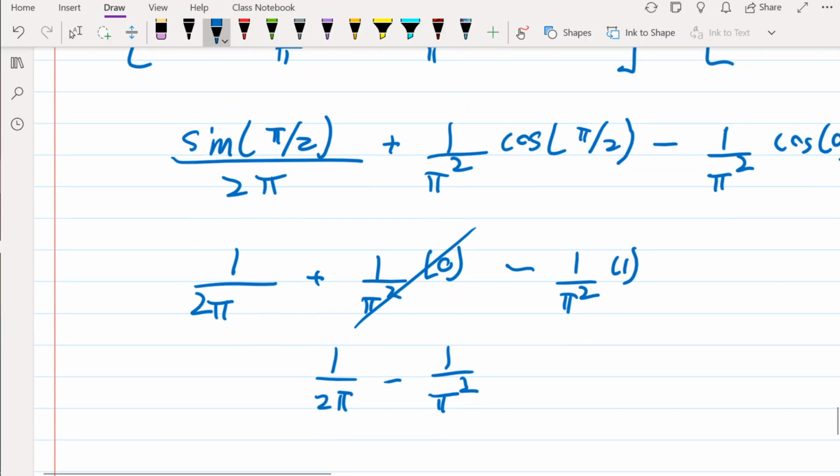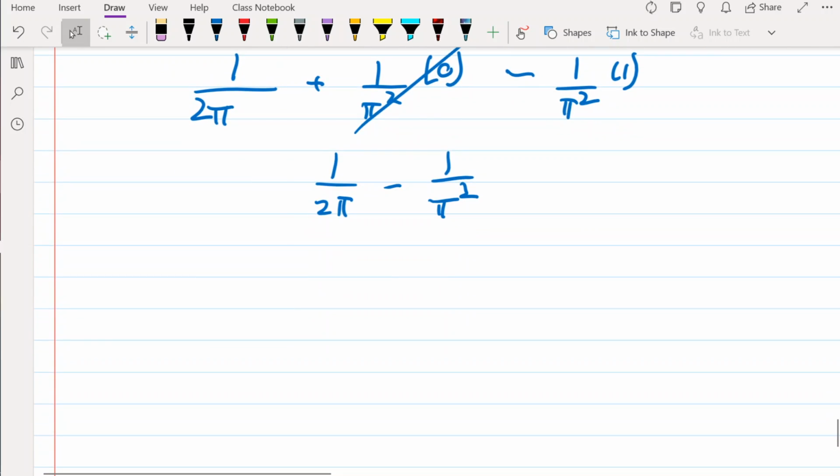And I am just checking because I got a different answer apparently, but no, that's correct. If you want to, you can get common denominators. So we multiply by pi and pi there. So it'll be pi over 2 pi squared minus 1 over pi squared.